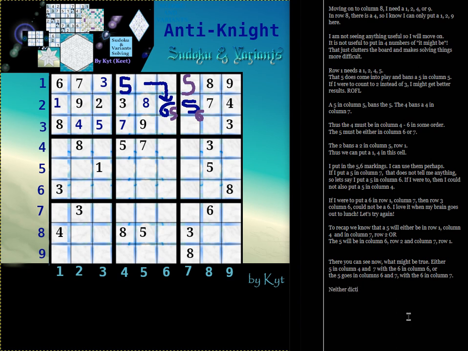Neither dictates what must be, but it does tell me where the 5 simply cannot go. We know that a 5 will never go in column 6.